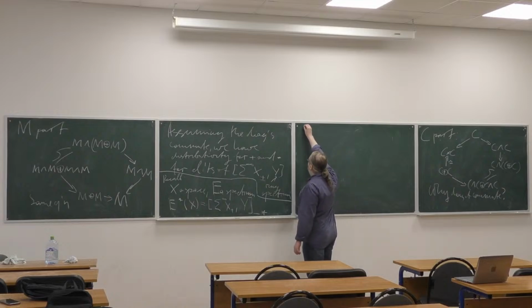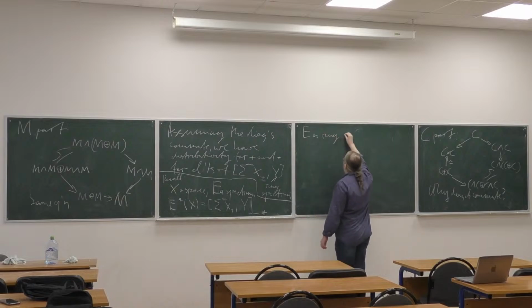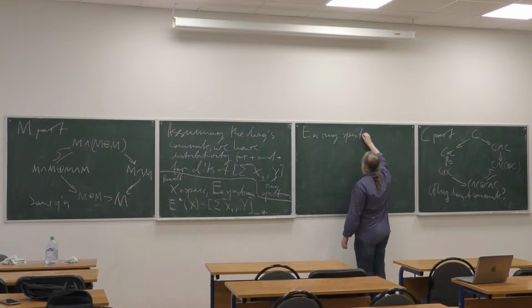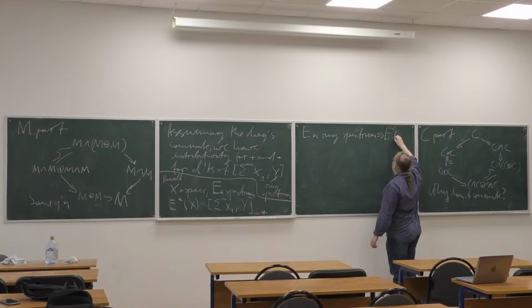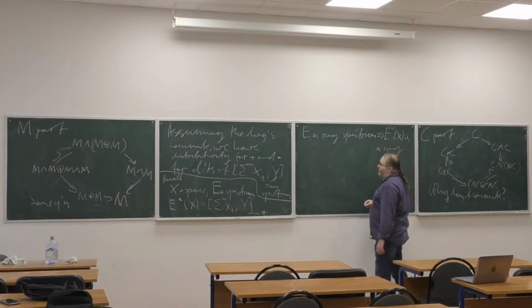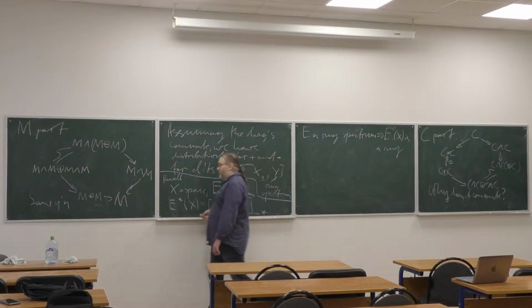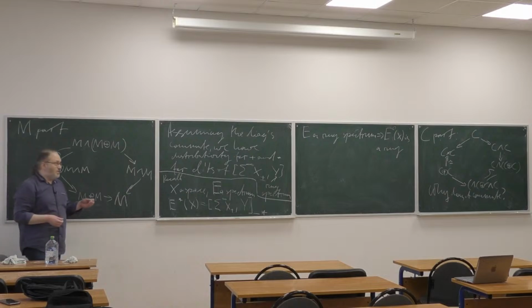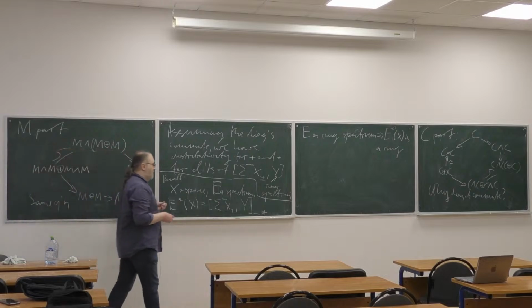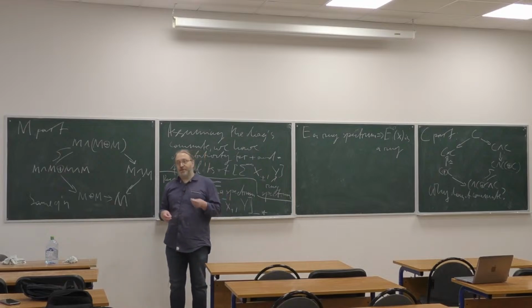Okay, so if E happens to be a ring spectrum, the cohomology of X, of a space, not of an arbitrary spectrum, of a space, is a ring.